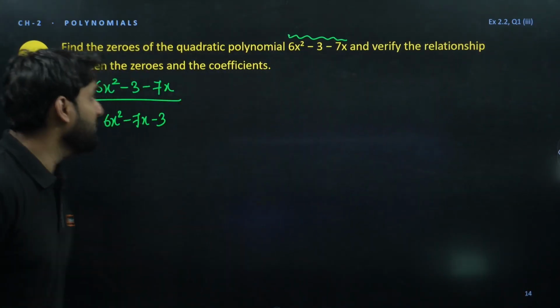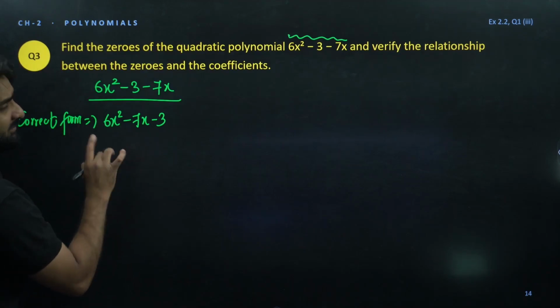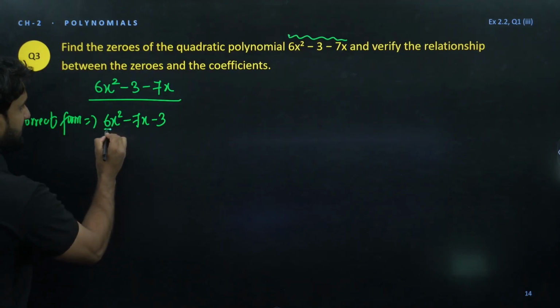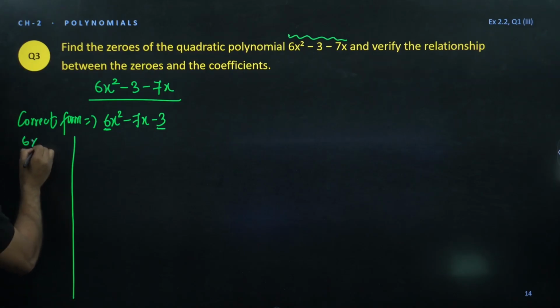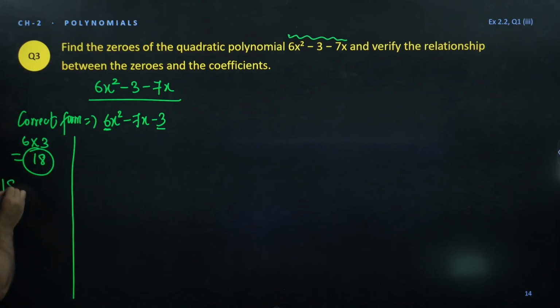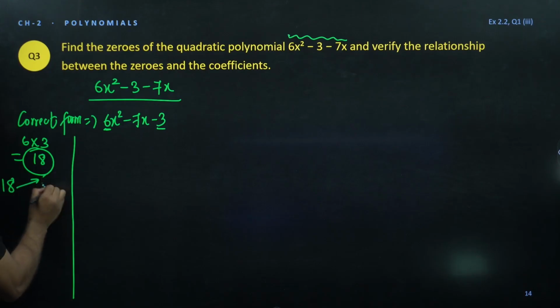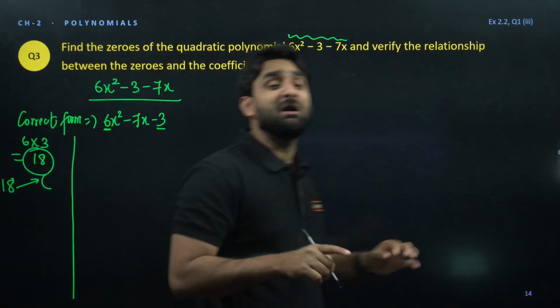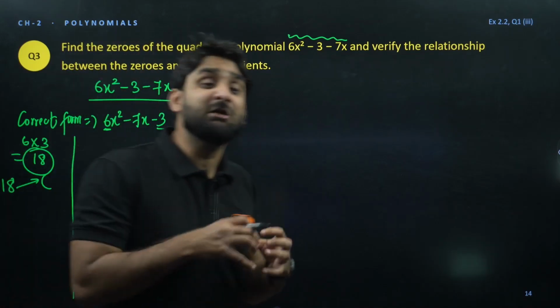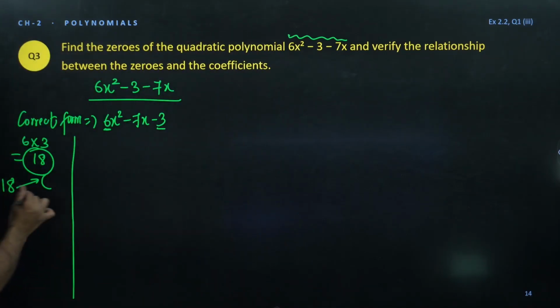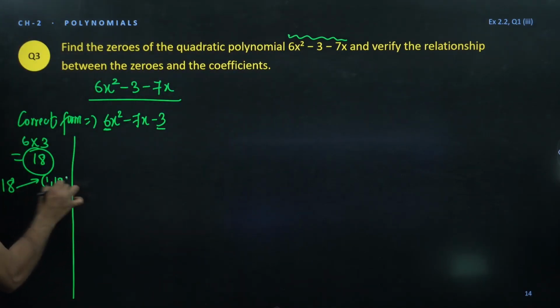Now solve for alpha and beta. I have already given you the short example. Multiply the first coefficient with the last. So if we multiply 6 into 3, what are we getting, champions? 18. Now for this 18, make the pairs of numbers whose multiplication will be 18. The first pair will be 1 and 18.